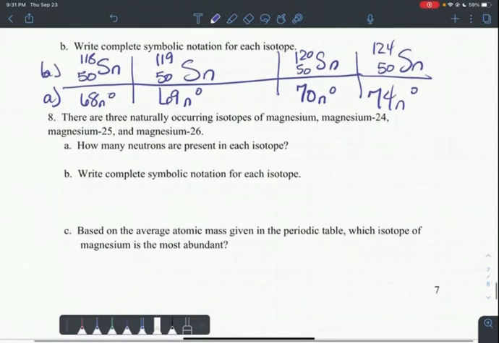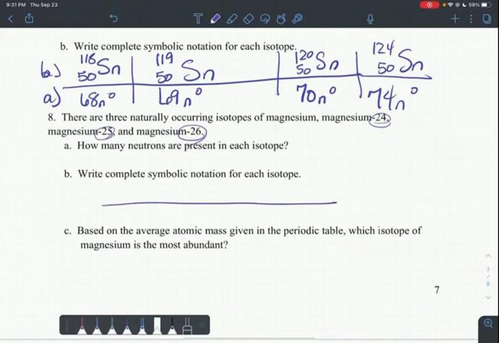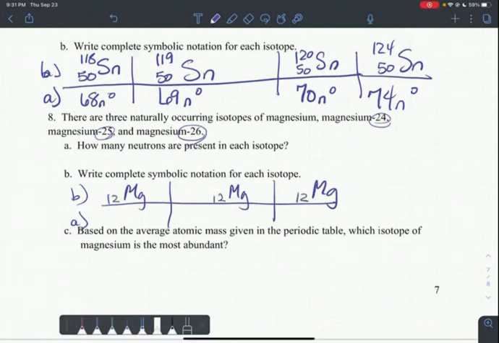Okay. Same thing, but now we're going to do all magnesium, so they must all be 12 protons. Different is their mass.